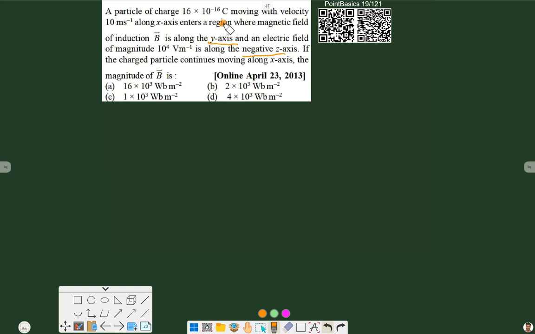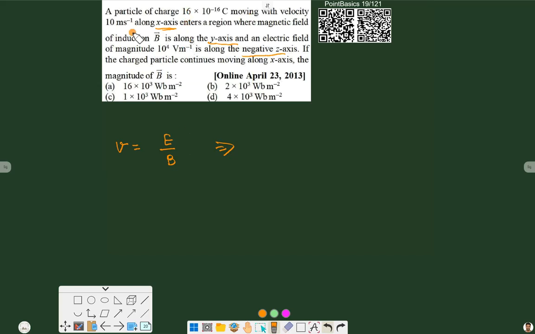So it is mentioned that the particle continues to travel along the x-axis, meaning it is undeflected. And if the particle is undeflected, then we have the relation that v is equal to E by B. As in the options we have only to find the magnitude, we don't have to worry about the direction.